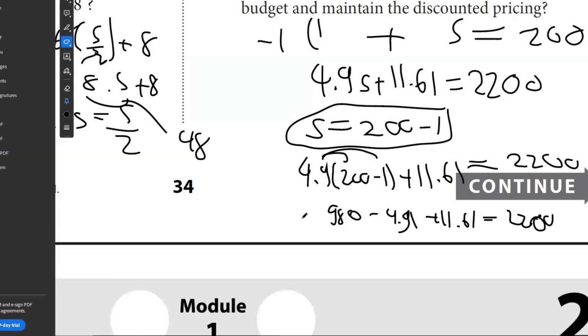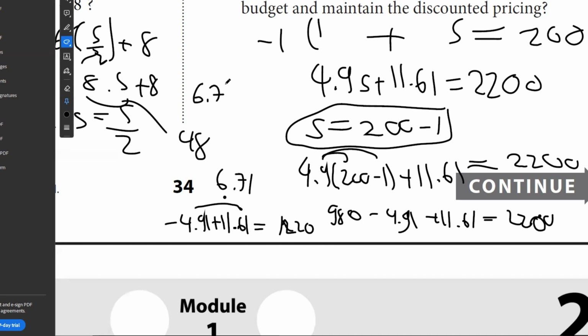So let's subtract 980 from both sides. It's going to be negative 4.9 L plus 11.6 L equals 1220. Let's make this clearer. 11.6 minus 4.9 is 6.7 L. So our final equation is 6.7 L equals 1220.